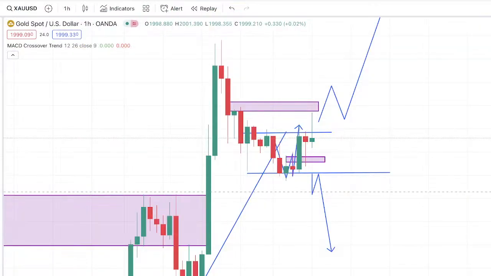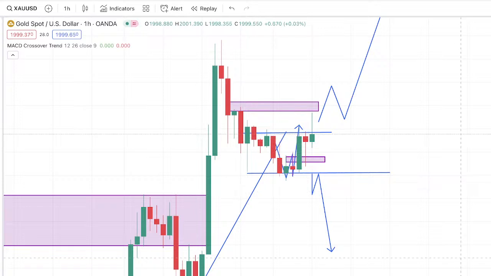Let's see what's happening in the 1 hour time frame. In the 1 hour time frame, it's still a rejection to this block area.